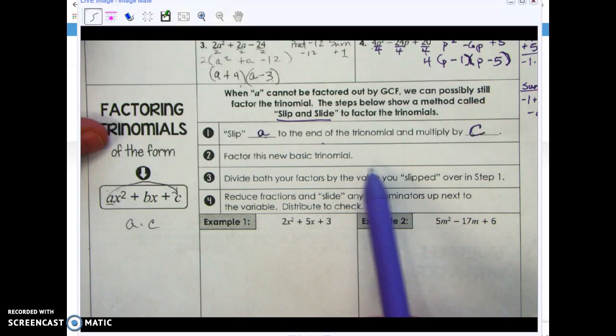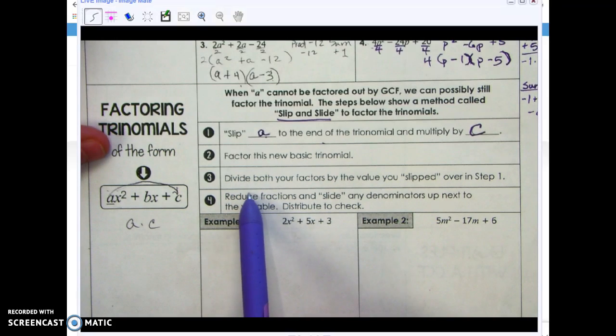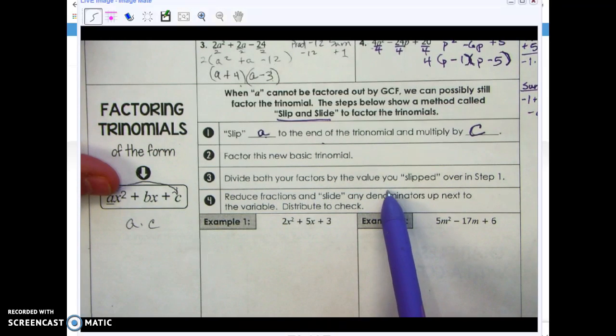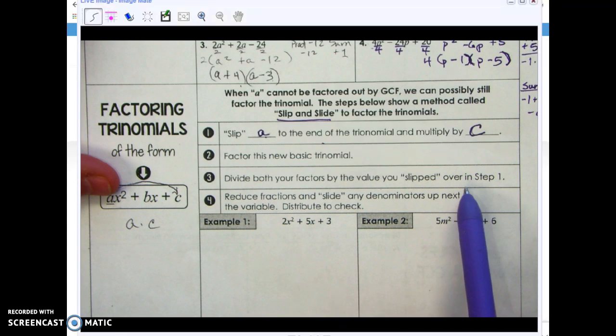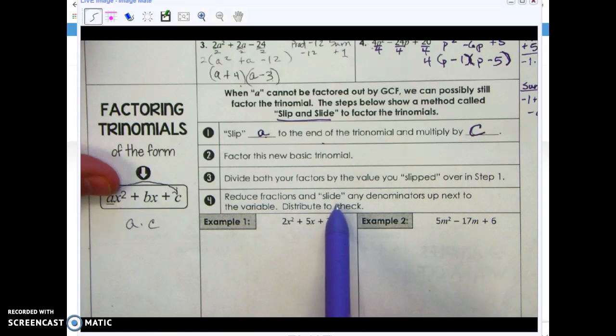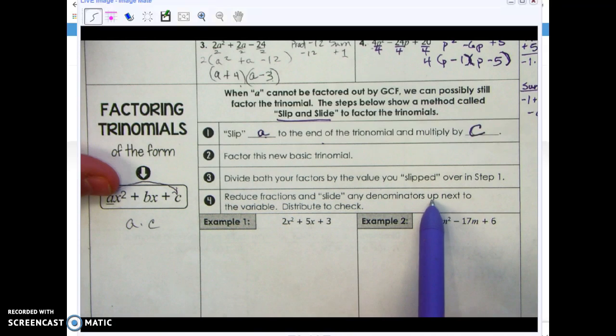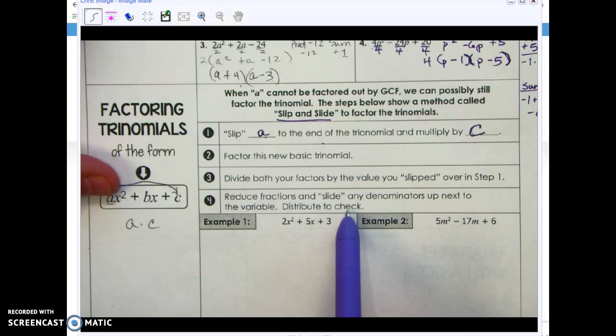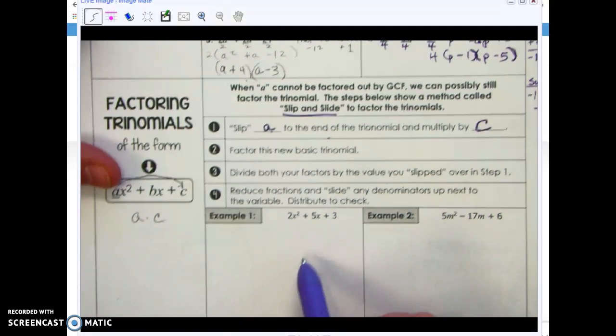We factor that trinomial. Then we divide both of those factors by the value we slipped over in step 1. That is where we're going to do a slide. We reduce the fractions and slide any denominator up to the next variable, and we distribute to check. So what is that going to look like? Let's look at example 1.